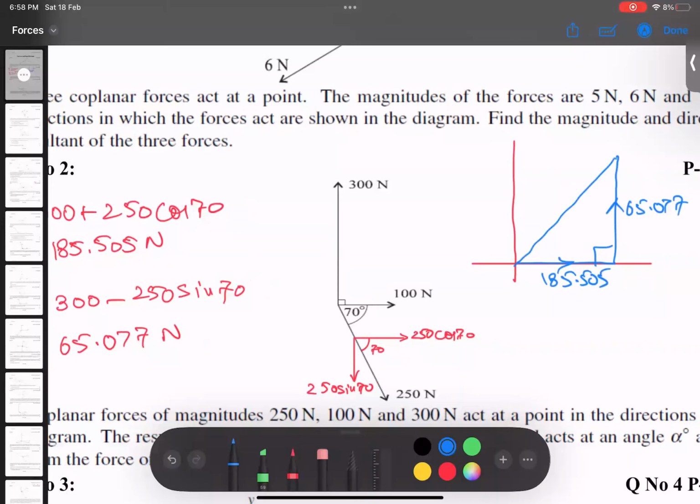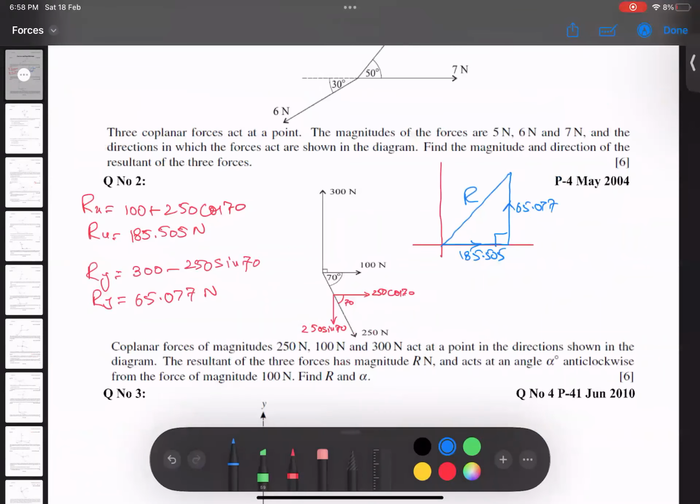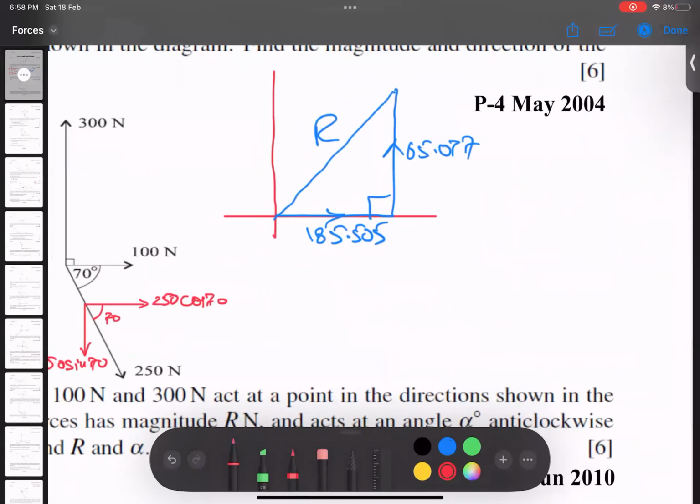Now I'm going to find R. So use Pythagoras theorem. And what does Pythagoras theorem say? Simply R squared equals Rx squared plus Ry squared. Simple and clear plan. So 185.505 squared plus 65.077 squared, and I take the root of this.